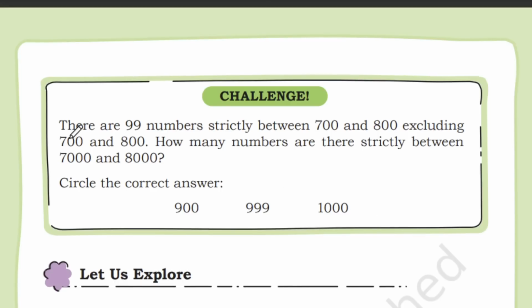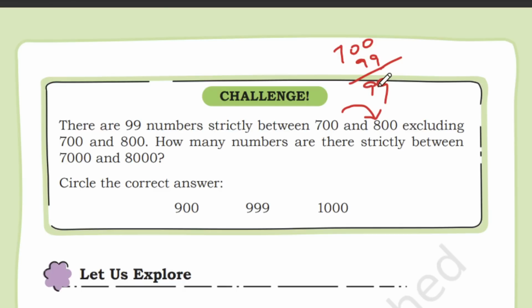So this is an activity. There are 99 numbers strictly between 700 and 800. Excluding 700 and 800, how many numbers are there strictly between 7,000 and 8,000? Okay. So very easy, students. How many numbers are there between 700 and 800? So we have 99 numbers. If you add 700 plus 99, how much you are getting?